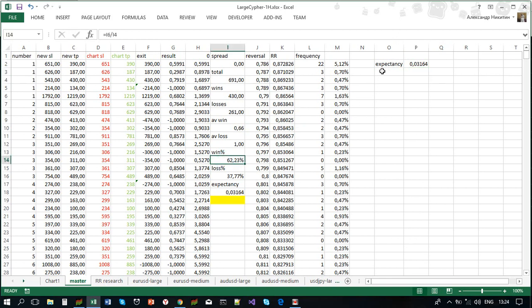The old win percentage equals 0.6223, and the average win equals 0.66.